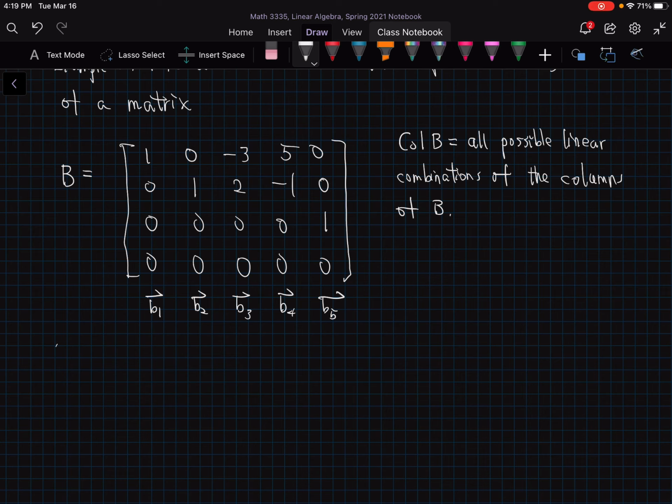Well, by observation, B1, B2, and B5 are pivot columns.